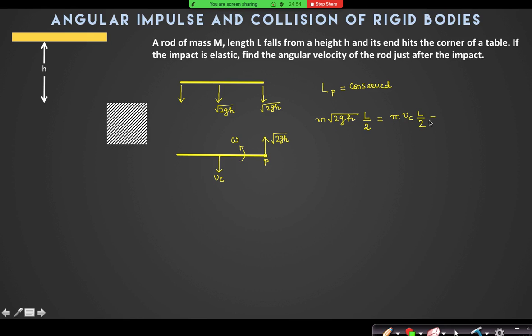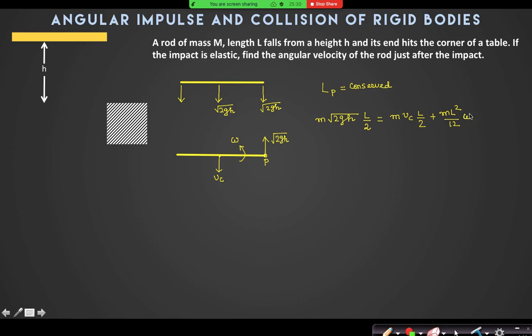MVC L by 2 is coming out of the plane, and IC omega, is it coming out or going into the plane? MR cross VC, what is its direction about point P? Both will be plus, because this MR cross VC is also coming towards us, and IC omega is also coming towards us. So I will add this plus IC, which is ML square by 12 omega.